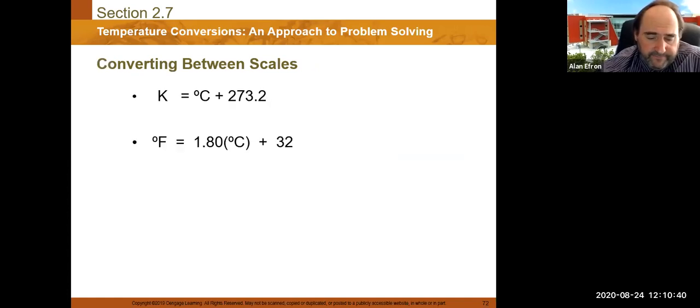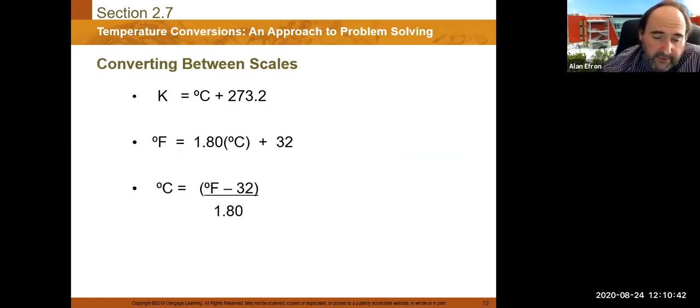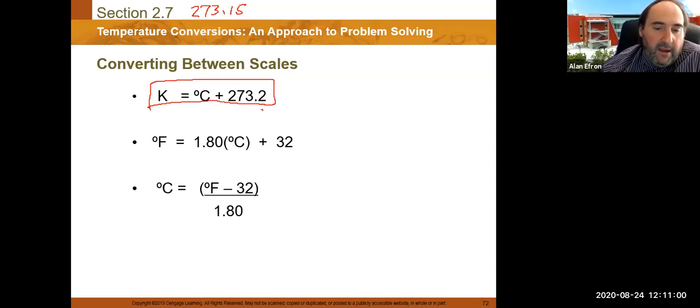The one you'll use the most is this one right here. If you want the temperature in Kelvin, you take the temperature in Celsius and add 273. The real number is 273.15. Pretty much 99.999999% of people will just use 273, so personally, I will just use 273.